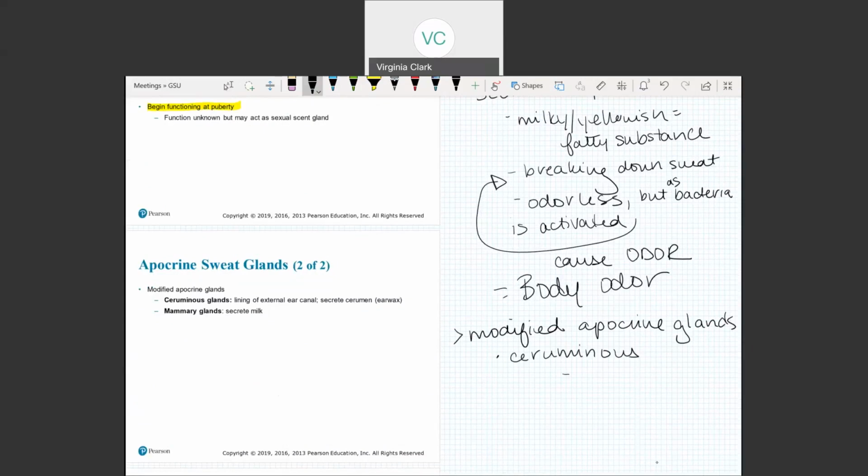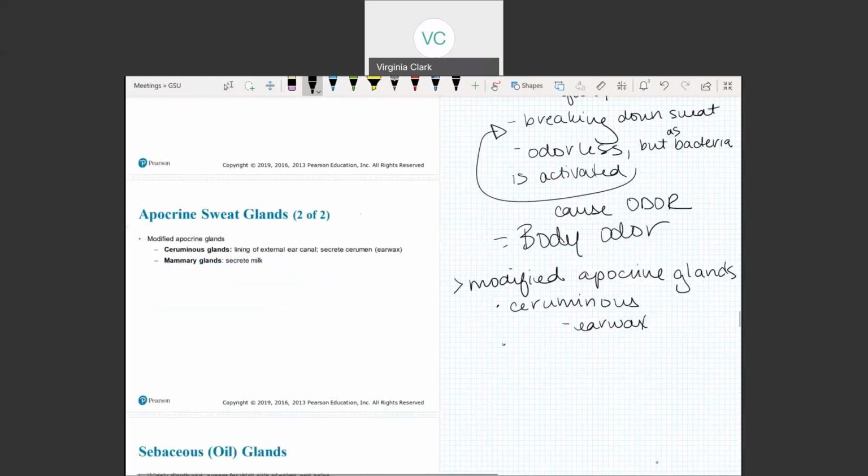So these are going to be found in your ear canal, and they secrete cerumen, which is going to be your earwax. But then you also have your mammary glands. This is another type of modified apocrine gland, and these are going to produce the product milk. So these two specialized modified types of apocrine glands you do need to know.